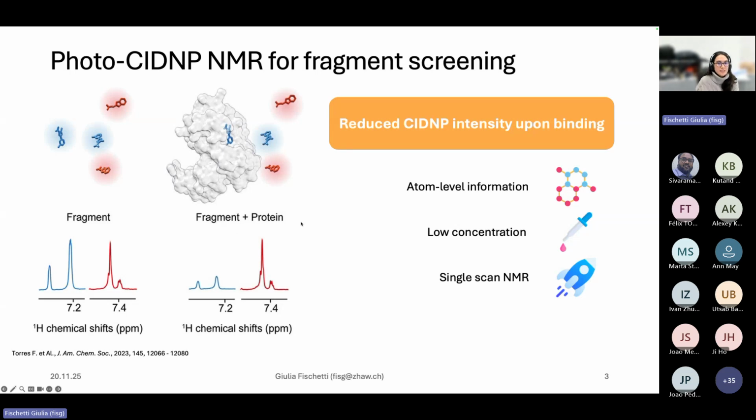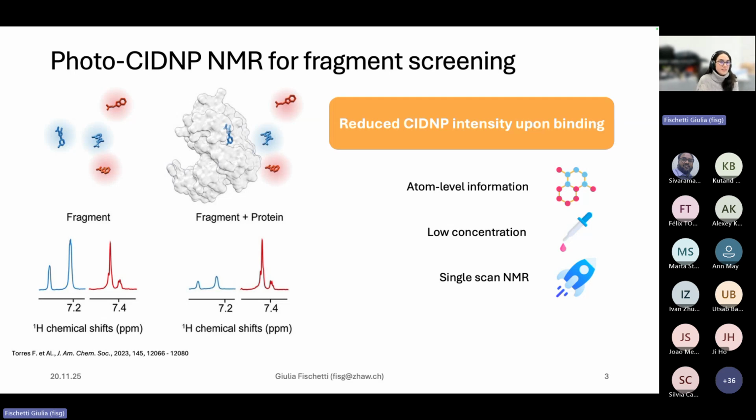The information we can extract from the spectra is atom-level information, because we have different reduction for different signals in the spectra, proportional to the binding strength of the atom. Also, this can be done at low concentrations of both the ligand and the protein.